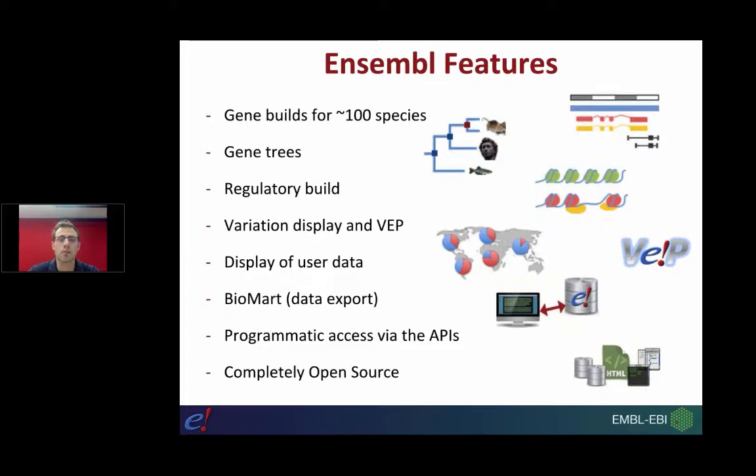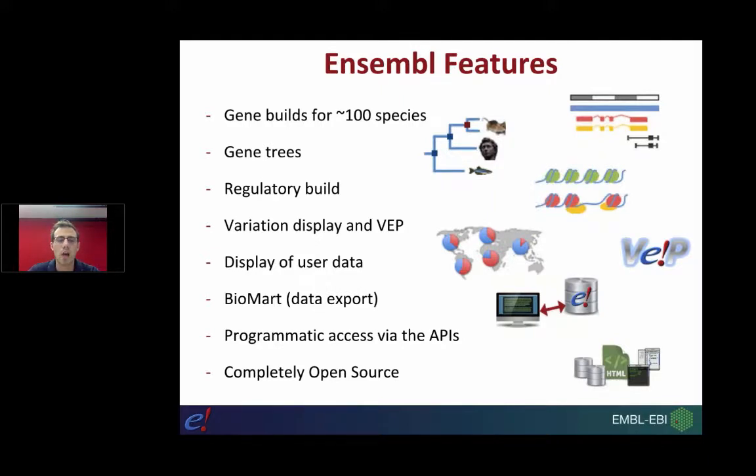And also, as I mentioned before, the display of variation data, along with a very useful tool that we've also developed called the VEP, the Variant Effect Predictor. On top of these types of data, you're also able to upload your own data to view alongside all of the existing Ensembl publicly accessible data.